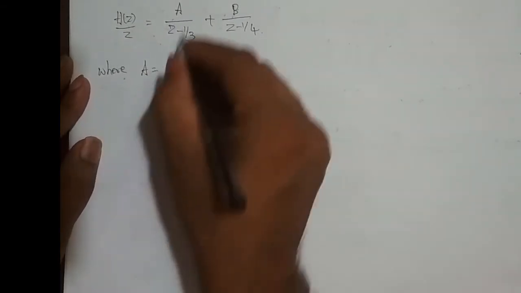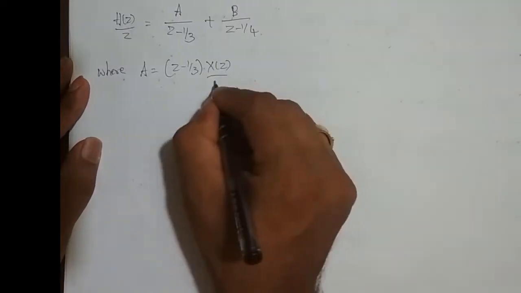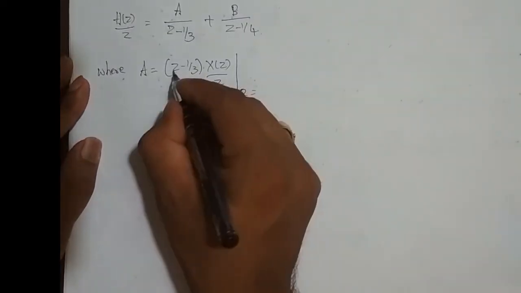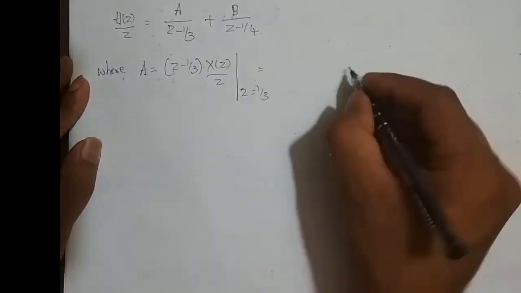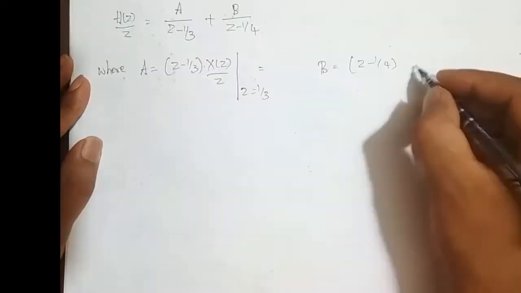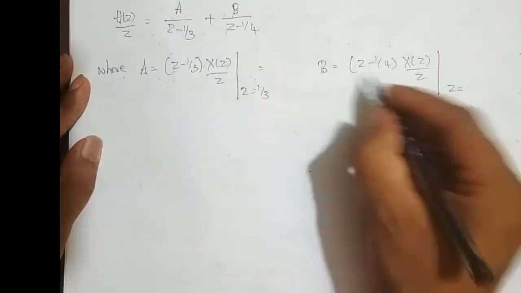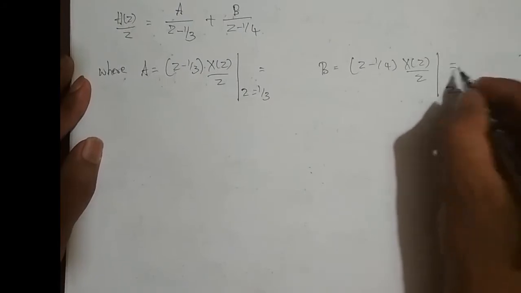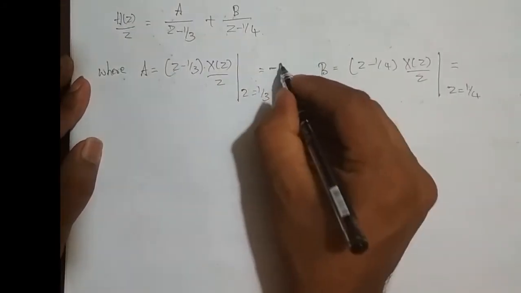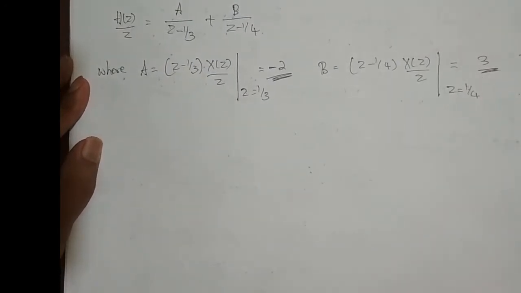A is the denominator of A, z minus 1/3, into X of z by z, at z equal to 1/3, and B is z minus 1/4, the denominator of B, into X of z by z, at z equal to 1/4. So if you solve for A and B, you get A as minus 2 and B as 3. Just check these values.